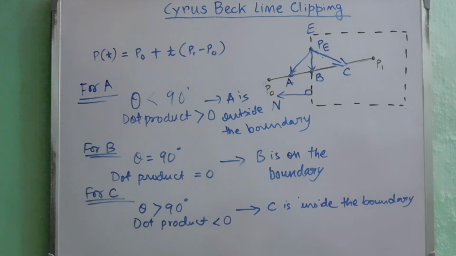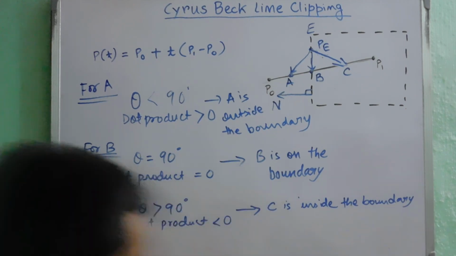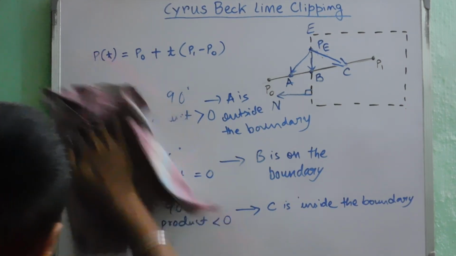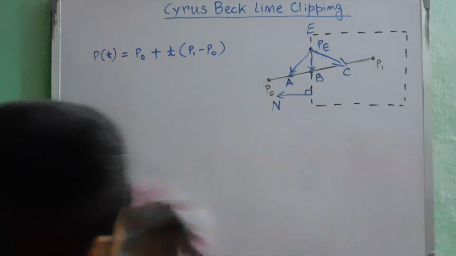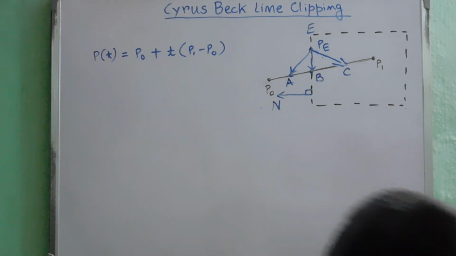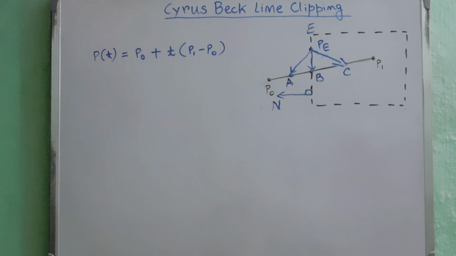Now we can derive or find the value of T, that is the parameter. Let's start doing that. For calculating the value of T, we will consider the point B, that is the intersection point.